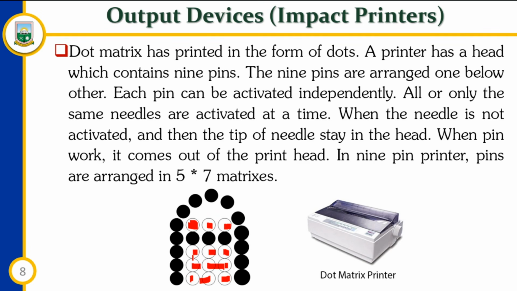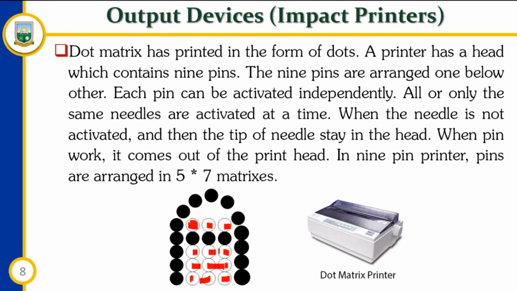So looking at this one, in a 9-pin printer, the pins are arranged in about 5x7 matrices just to come out with a character like an A right here.